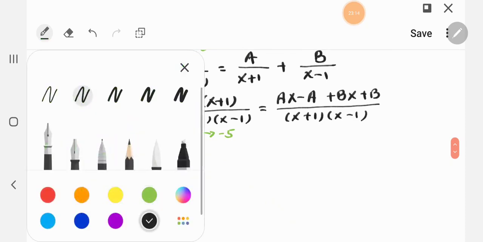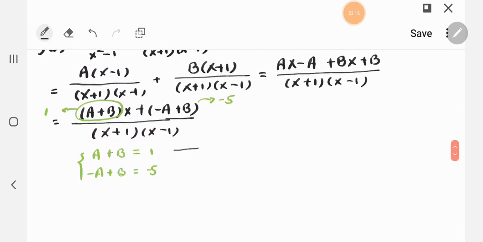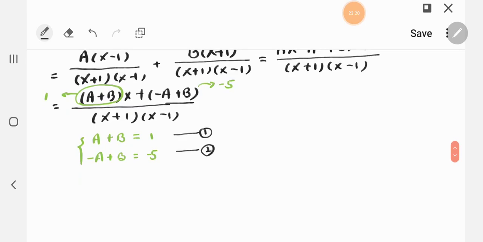So from this system of linear equations, let's find a and b. So why don't we just add these two equations? Then we have 2b is equal to negative 4. So b is equal to negative 2. So we found b.